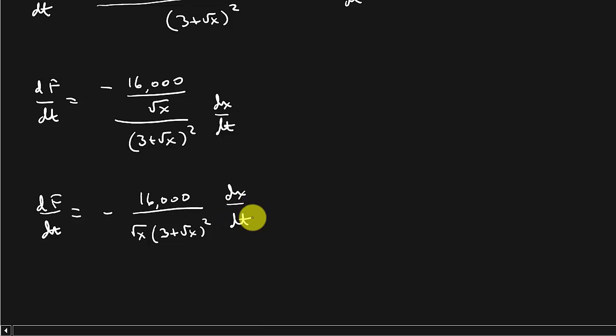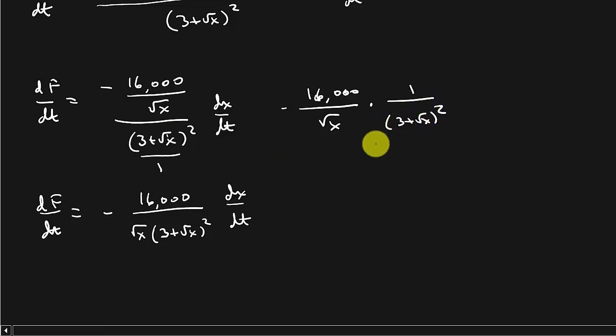All right, so what do I have there? Well, this is over 1, right? So remember, this is negative 16,000 over square root of x, times the reciprocal of that, times 1 over 3 plus square root of x squared. And that's how that square root of x gets in the denominator.